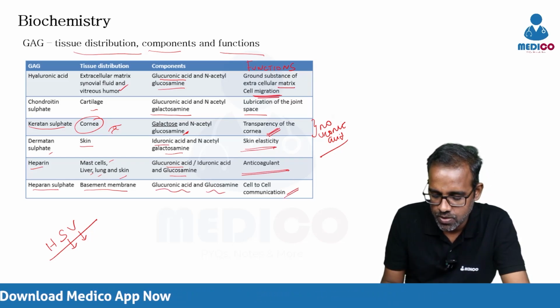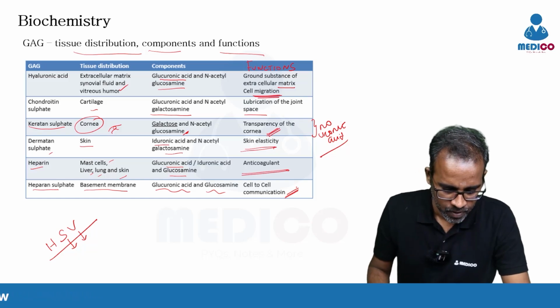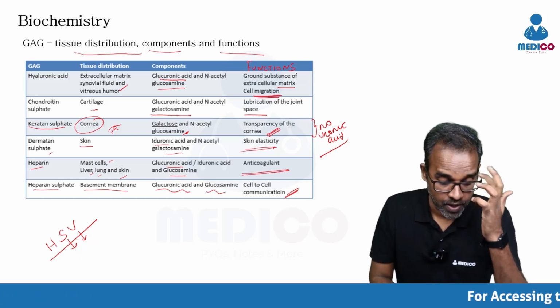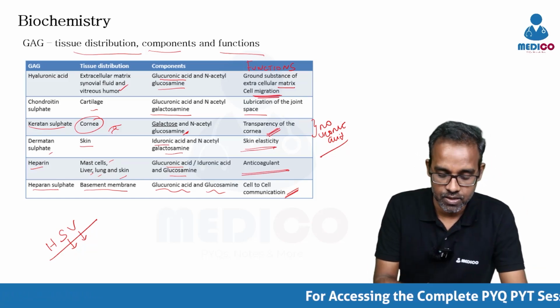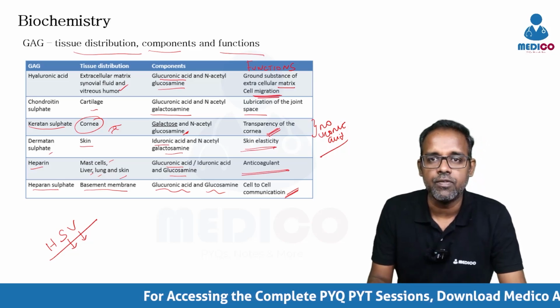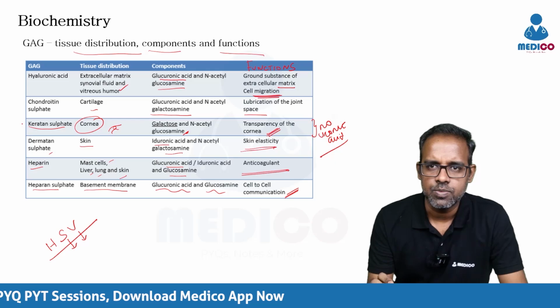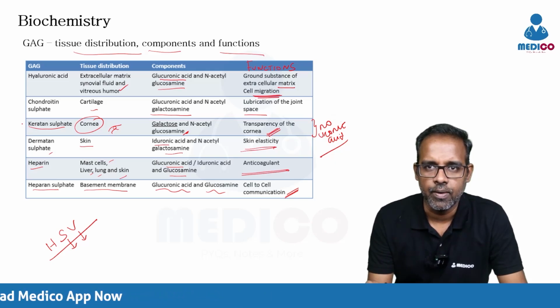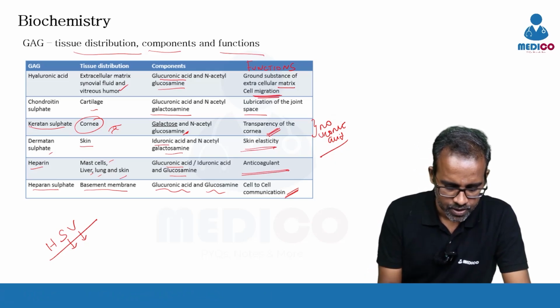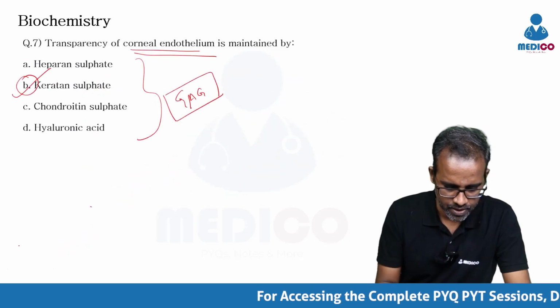It is responsible for cell-to-cell communication. So these are the various glycosaminoglycans, where they are seen, what they are made up of, and what their functions are. Coming back to our question, which glycosaminoglycan is responsible for maintaining the transparency of the cornea? It is keratin sulfate. So the answer is keratin sulfate.